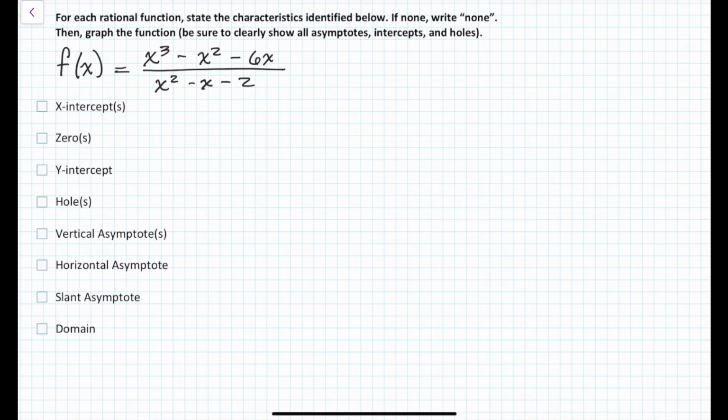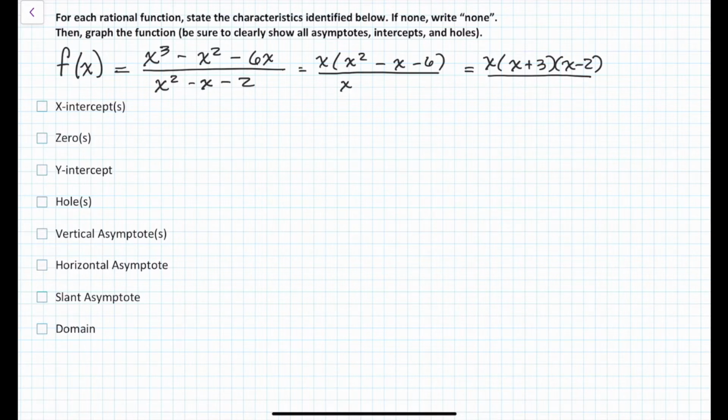So for this function, this is a little bit challenging. We need to identify the x-intercepts and all the characteristics. So first, we always factor. And so in the numerator here, we can factor out an x, and then we can factor that even further. Let's see, x plus 3, x minus 2. Okay, and then in the denominator, that's going to factor to x plus 1 and x minus 2.